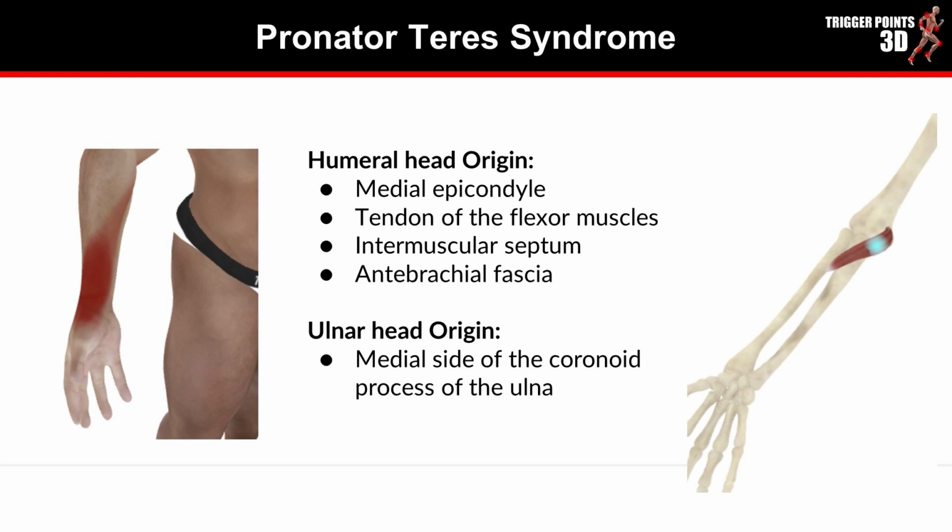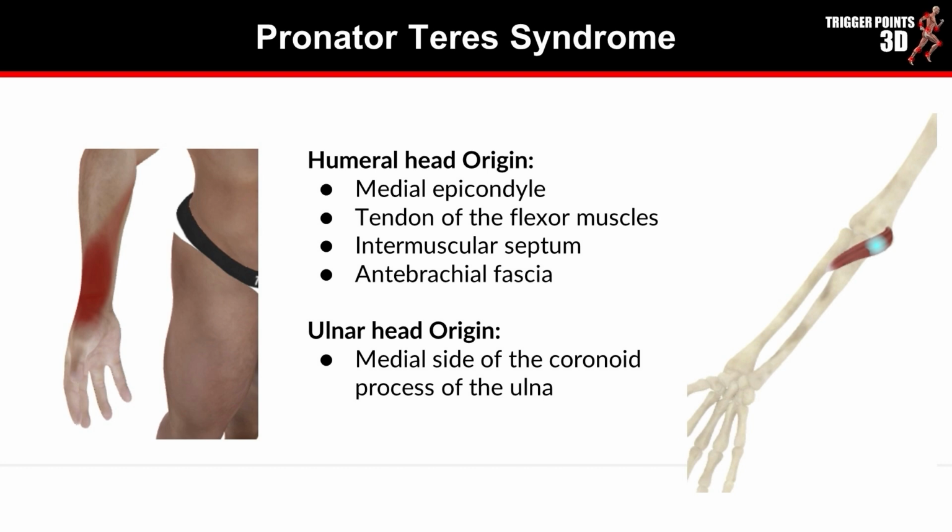The deeper head of the pronator teres is the ulnar head, which originates proximally on the ulna and then attaches to the radius just below the supinator muscle, and then the humeral head attaches just below the ulnar head.